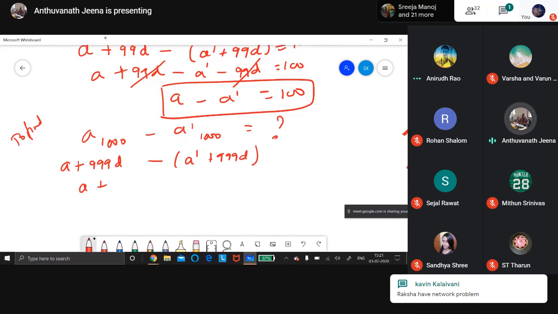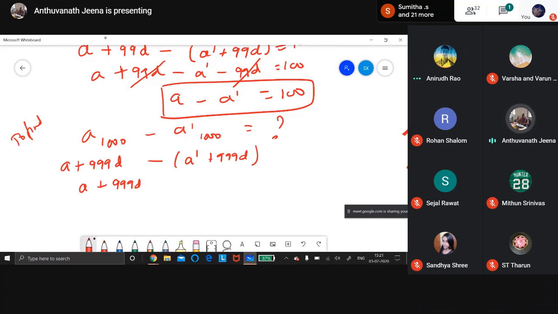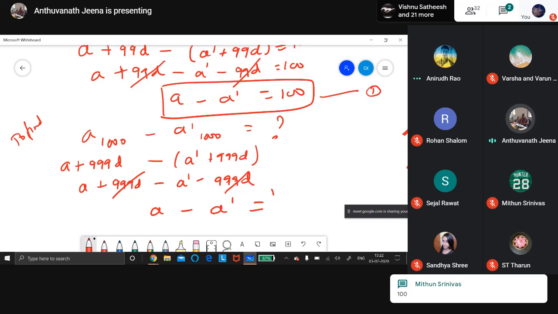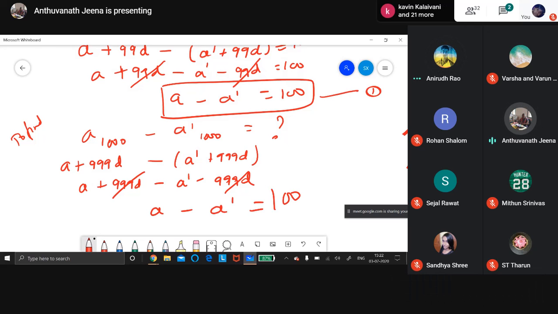So A plus 999D minus A dash minus 999D. Again the D terms get cancelled, and what is left is A minus A dash, which we already found in the first equation. So the final answer is also 100.